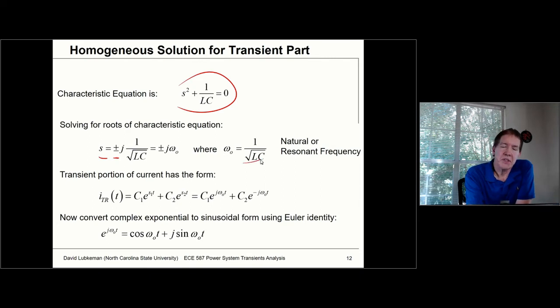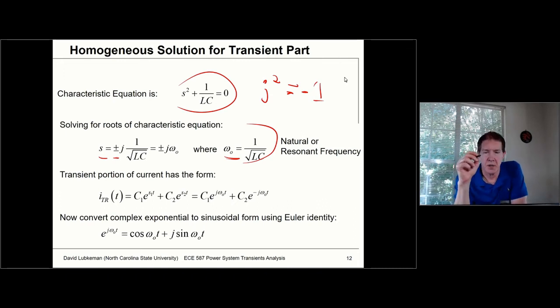We see this 1 over square root of LC so often that we call it the natural or resonant frequency for this circuit. So S is equal to plus or minus J times omega naught. Just keep in mind, if you recall your properties of complex numbers, J squared corresponds to minus 1.